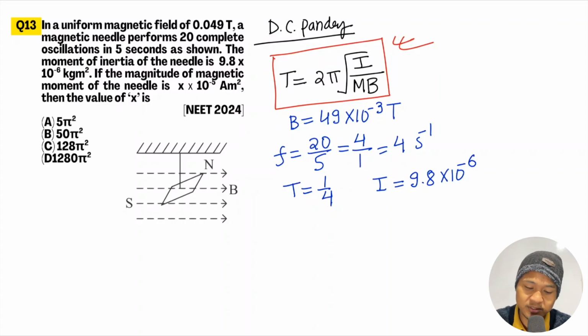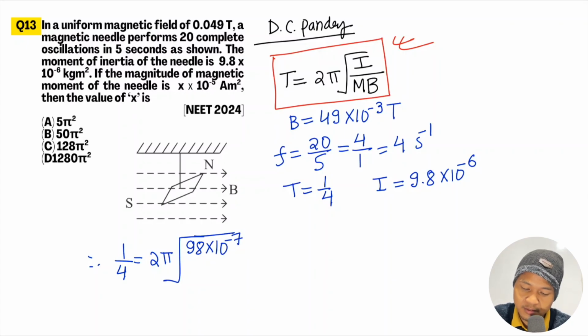Everything is given, so put it in. Time period is 1 by 4, equal to 2 pi into root over 98 into 10 power minus 7, divided by M into B, which is 49 into 10 power minus 3.